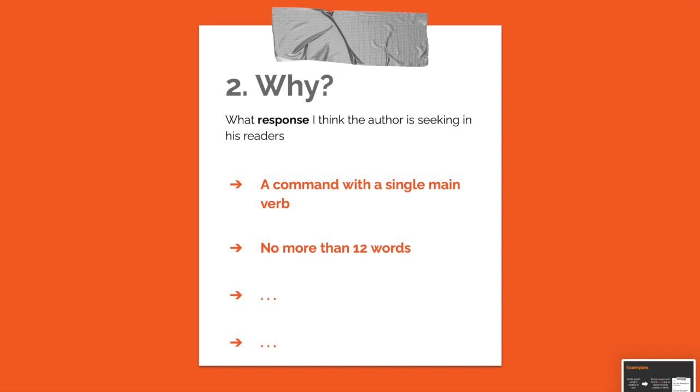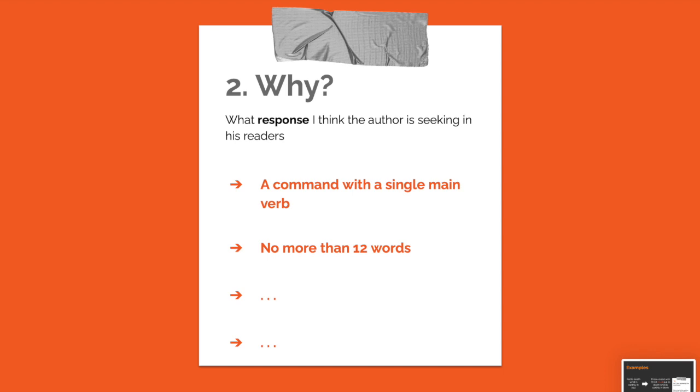Why sentences then are the response that you think the author is seeking in his readers. Essentially, everything that you ever write or say is meant to do something, to achieve something in the people who hear or read it. And the Bible is no different to that at all. You've got a purpose for it.